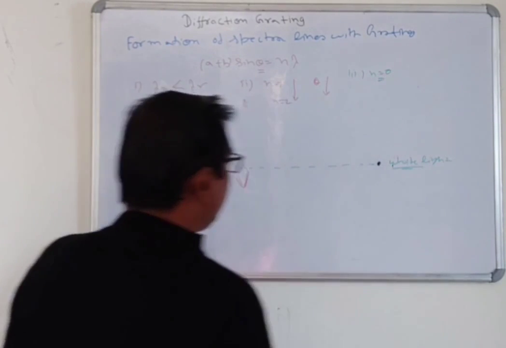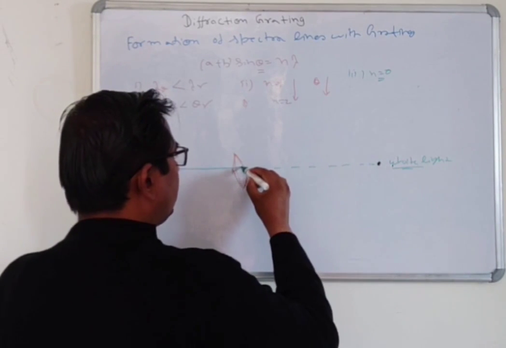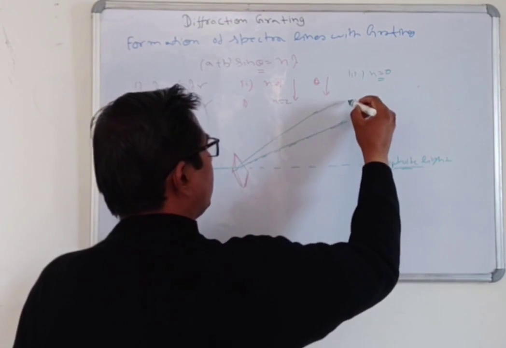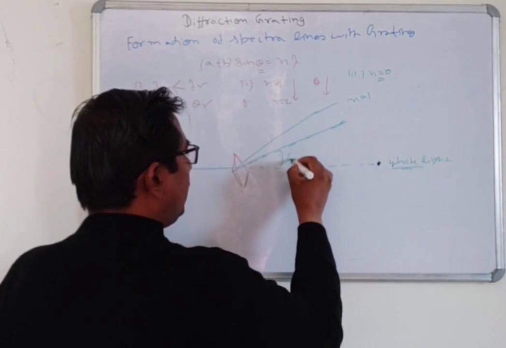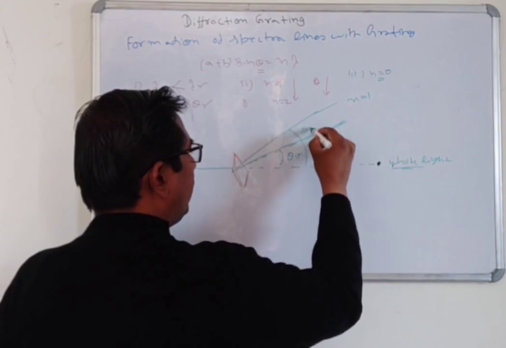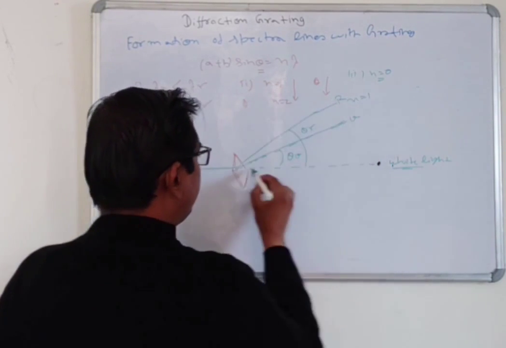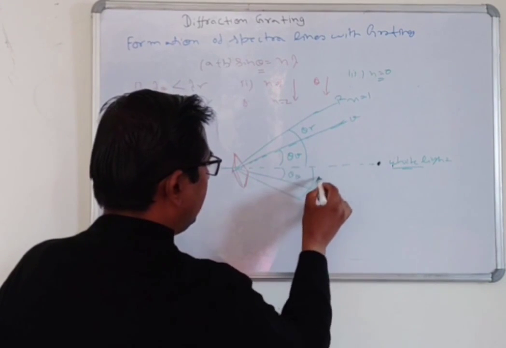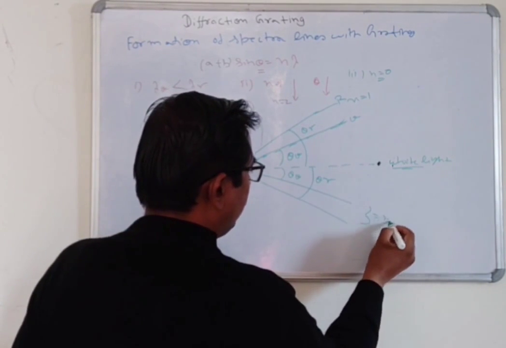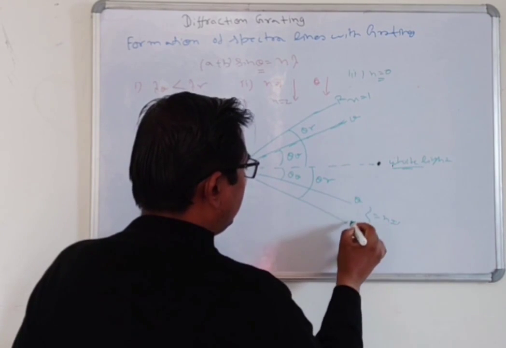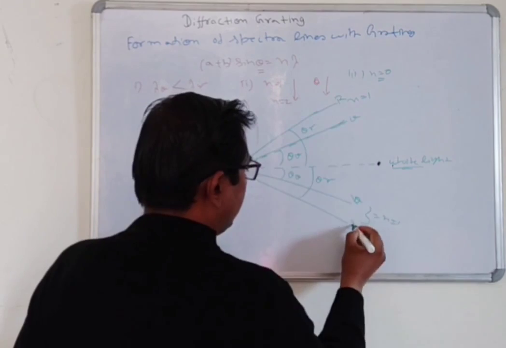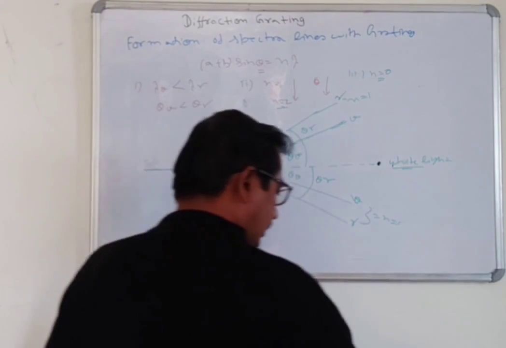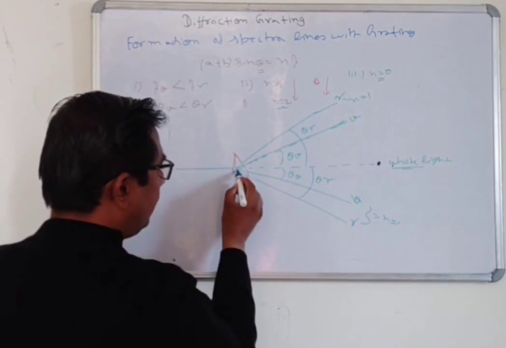All the wavelengths are here, like that. And from the axis here, suppose that here will be the first order, n is equal to 1. Here will be theta violet. Here will be red. It's a violet spectrum. It will be red spectrum. Because of the symmetrical nature of the grating, theta V for violet and theta R for red, n is equal to 1. This is a violet. This will be a red, like that. And all of you know the second order. In the second order, theta will increase, like that.